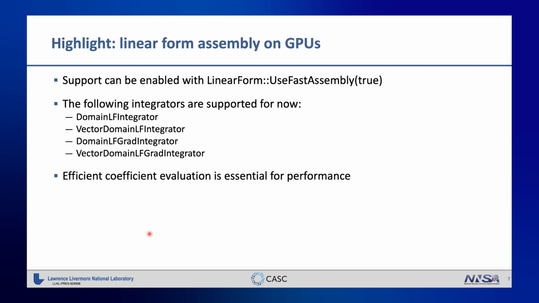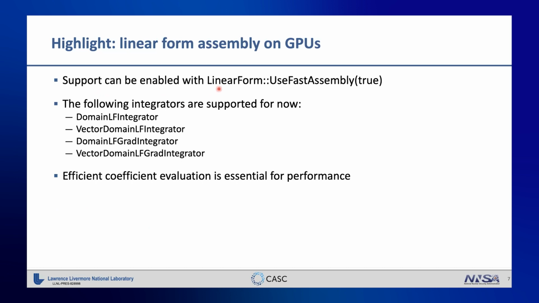Okay, so the next highlight I want to mention is a feature that we added recently, the linear form assembly on GPUs. This is very much transparent to the user.